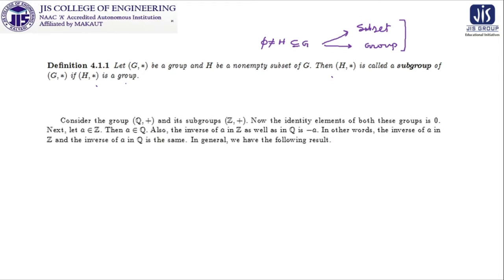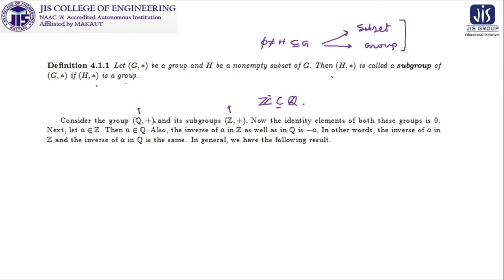We see some examples. Consider the group (Q, +) and its subgroup (Z, +). You know that Z is the set of integers and Q is the set of rationals. So all integers are in the set of rationals. That means the required property for a subset, that Z is a subset of Q, is satisfied.